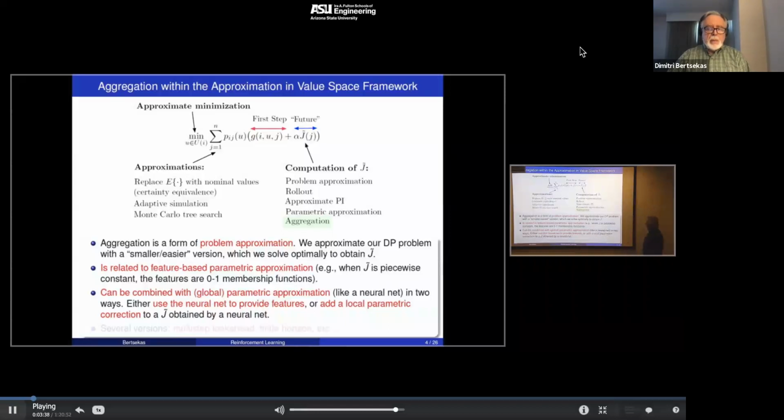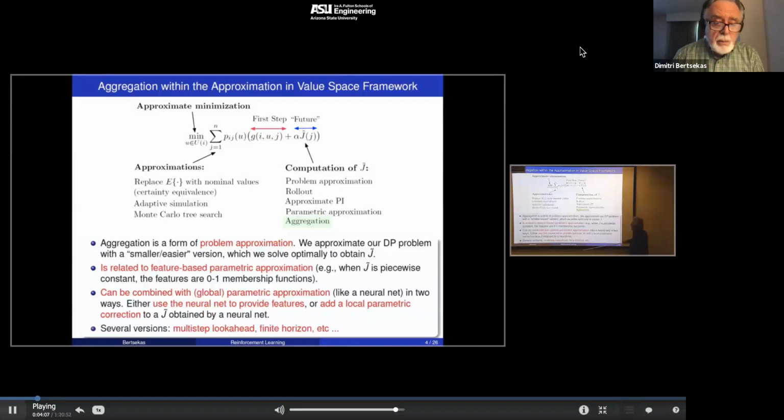Like a neural network, for example, in two ways. We can use the neural network to provide features for feature-based aggregation, or we can add a local parametric correction to J tilde, like a piecewise constant approximation, to a J tilde obtained by a neural network. So we may have already some J tilde obtained from a neural network, and then we can correct it with piecewise constant approximations.